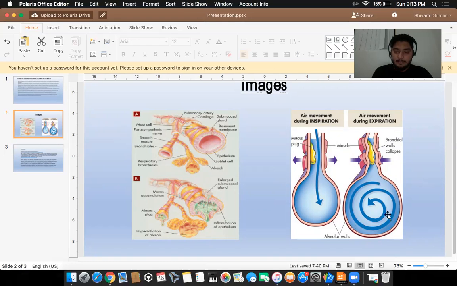Because there is no proper gaseous exchange, this is the reason why there is less oxygen in her blood. Also, impaired alveoli function contributes towards the reduced oxygen saturation.